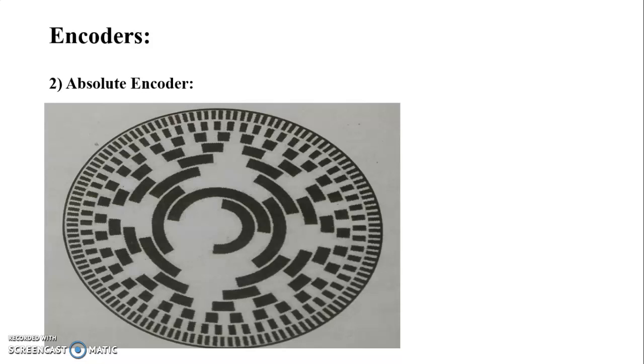The next circle contains 64, then 32, then 16, then 8, 4, and then 2, and the innermost circle contains 1 line. This absolute encoder would have 9 optical sensors, all in a row extending out on a radius from the center of the disk.